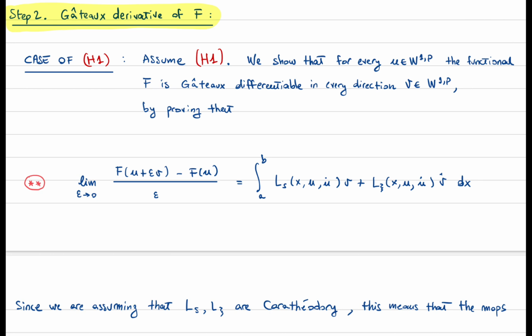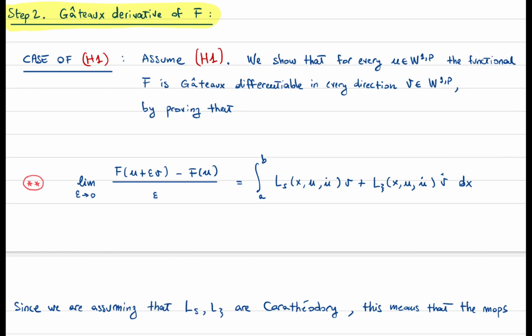Okay, because remember, the strategy to obtain the Euler-Lagrange equation was, given a functional F, to compute the first variation, which we denoted by delta F. And if u0 was a minimizer, then we knew that this was 0 for all v in V, the reference vector space for the affine space.